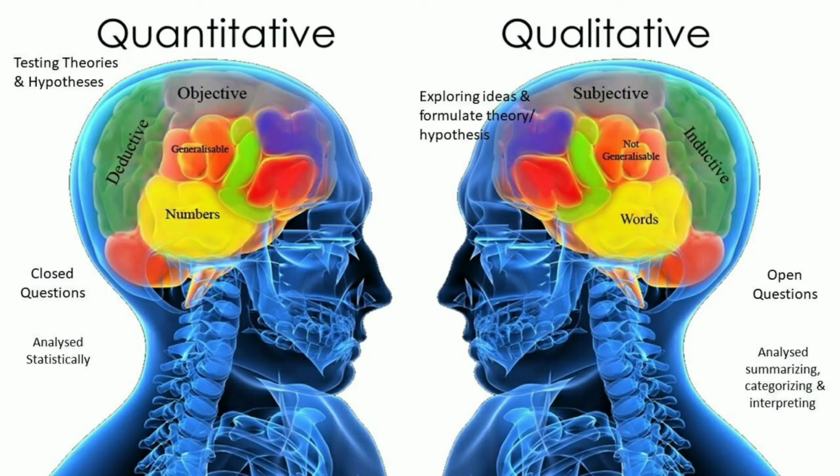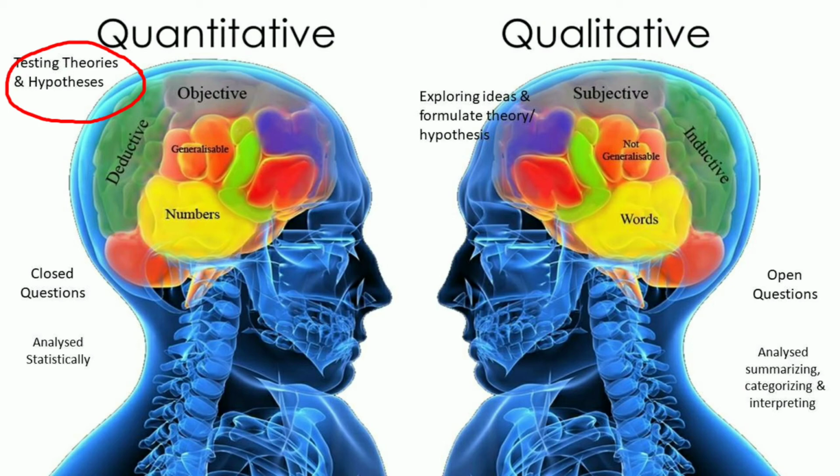Quantitative and qualitative research use different research methods to collect and analyze data and allow you to answer different kinds of research questions. The major differences between quantitative and qualitative research methods are discussed here.